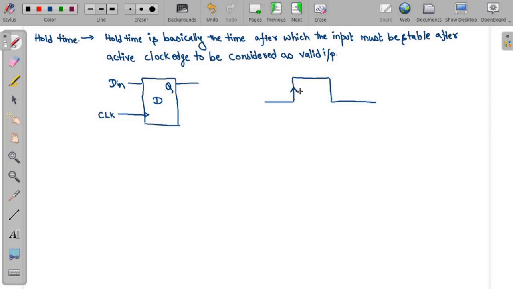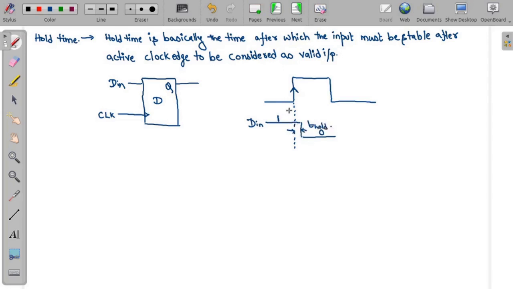So this is my positive edge. Ideally the hold time is also 0. But suppose this is my D in, and it is making a transition from 1 to 0, and this is T hold.